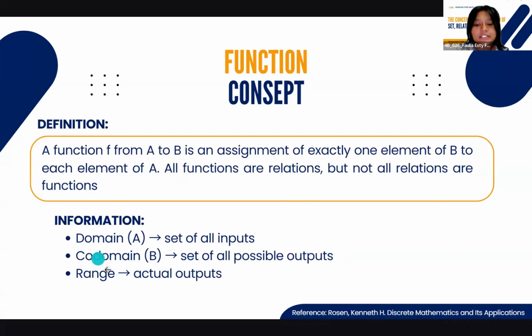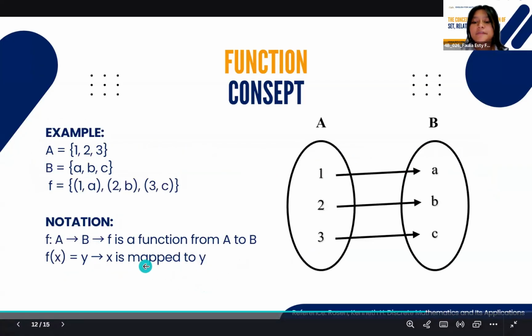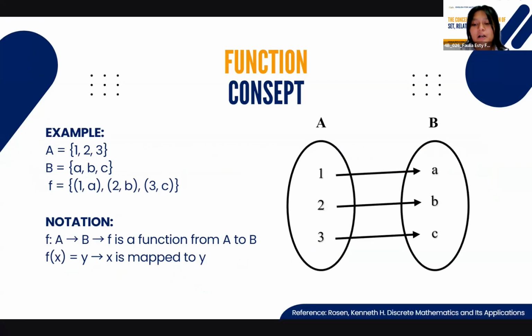And third, range. The range is the actual outputs of the function. It means the values that are really produced. For example, if the function gives outputs a and b, then the range is only {a, b}, not all elements in B. Now, let me ask you, is range always the same as codomain?